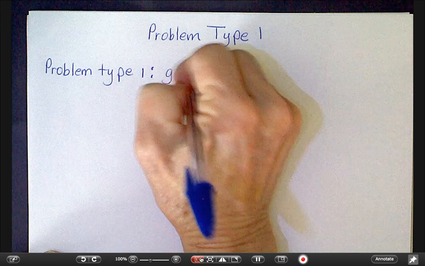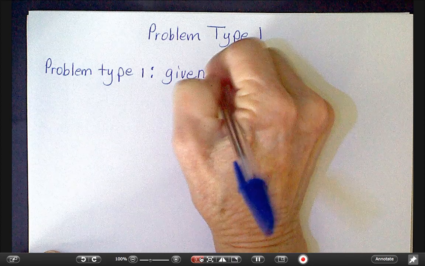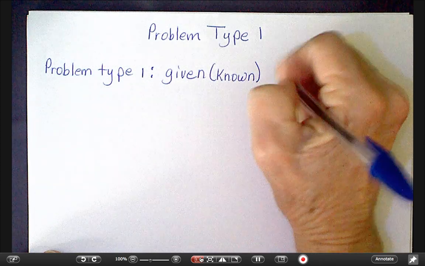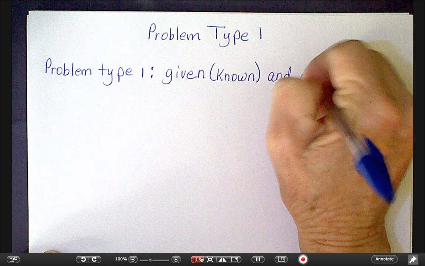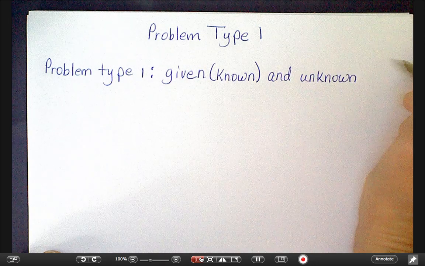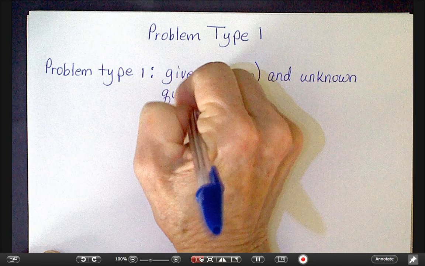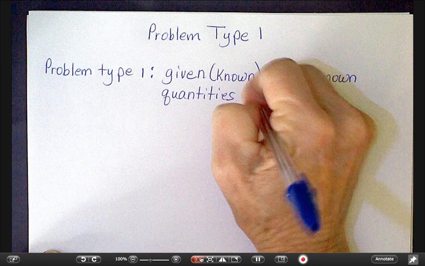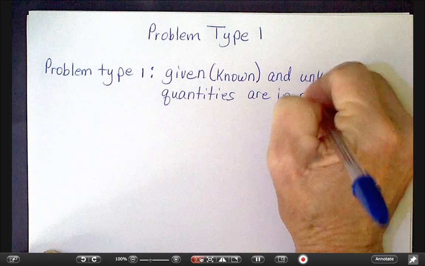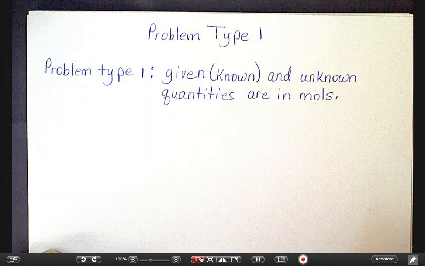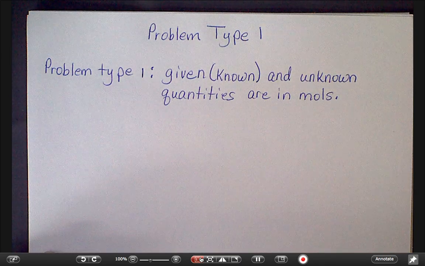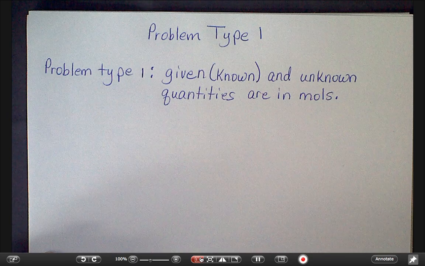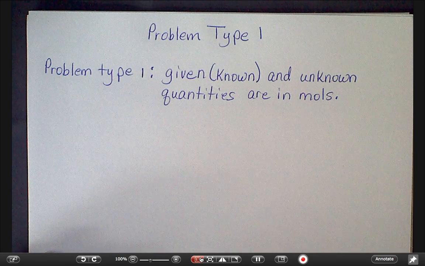Given, also known as the known, and unknown quantities are in moles. Okay, so on problem type 1, do you ever leave moles? No. All work is done in moles.